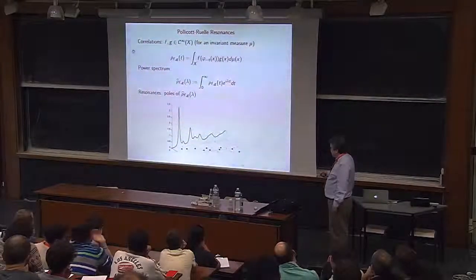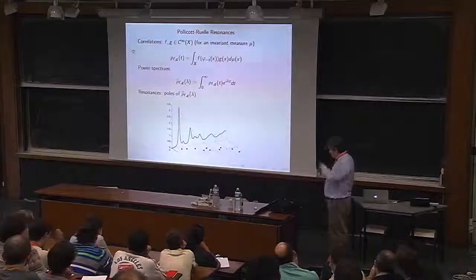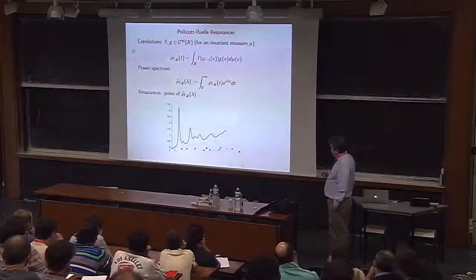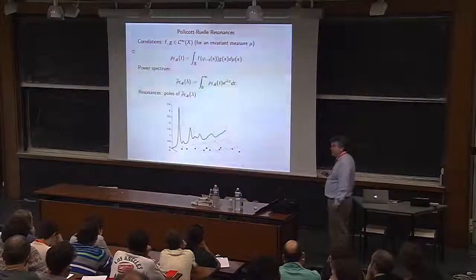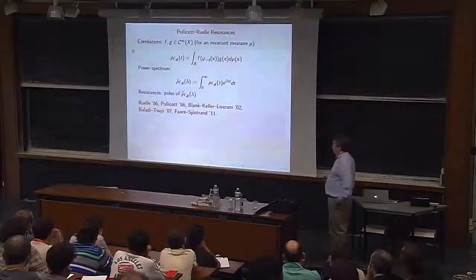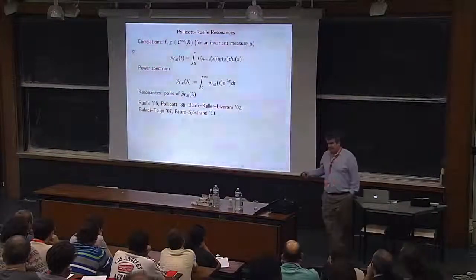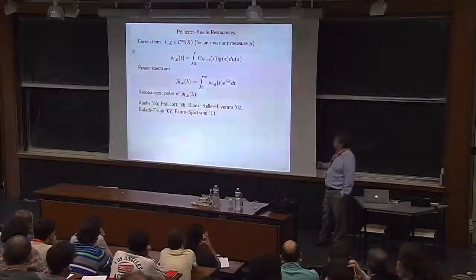So you have things which are closer to the real axis. They have sharper peaks because the imaginary part is smaller. And when they are further, you have some less pronounced features of your power spectrum. Now, mathematically, as I said, these things have been studied by Ruelle and Pollicott originally, then by many other authors.